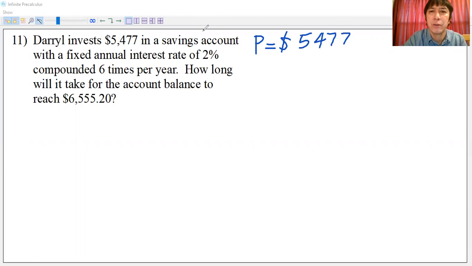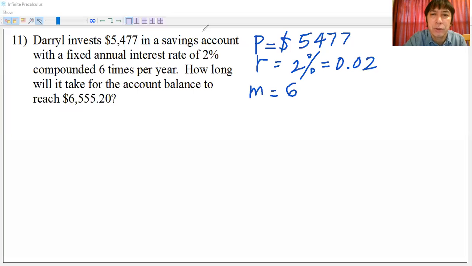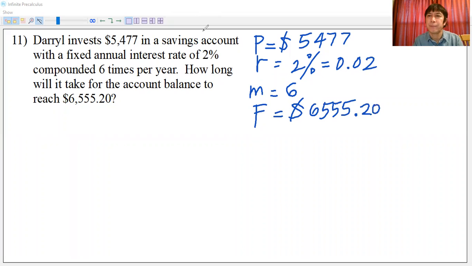Annual interest rate of 2%, so R is 0.02. Compounded 6 times per year, that will be the M. How long will it take the account balance to reach F, which is 6,555 and 20 cents.